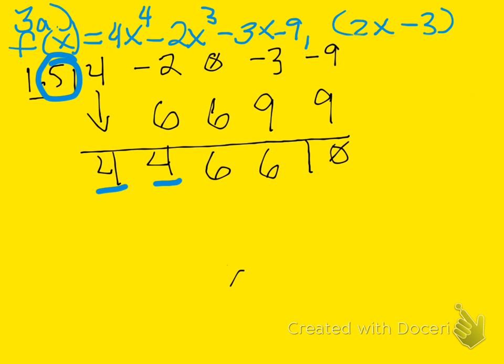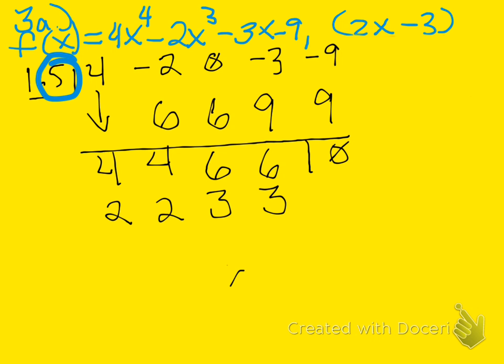I know, it gets a little confusing. If you want to just stick to the long division, by all means, stick to it. So, if I multiplied 4 times 0.5, I would get 2. 4 times 0.5 is 2, 6 times 0.5 is 3, and 6 times 0.5 is 3.